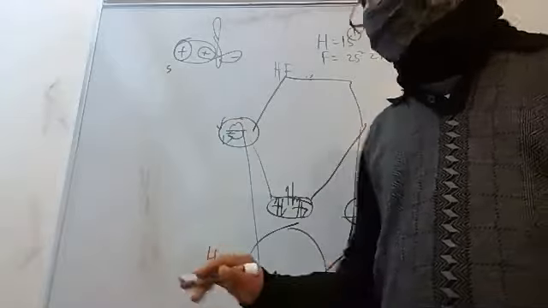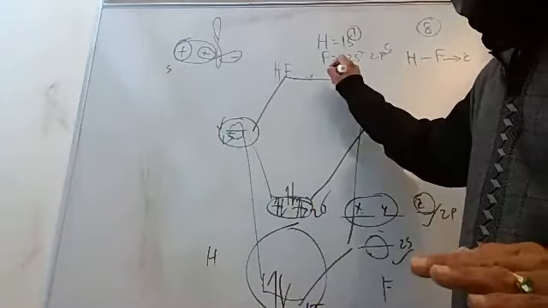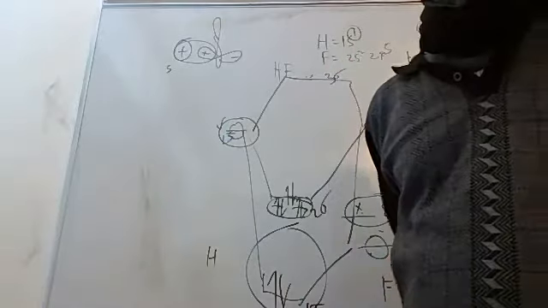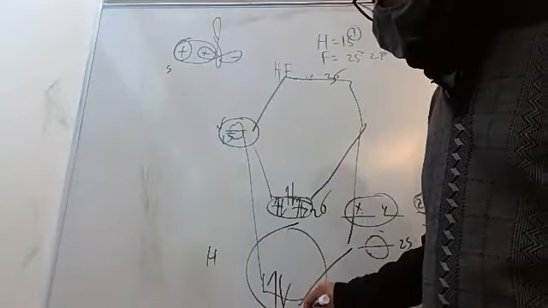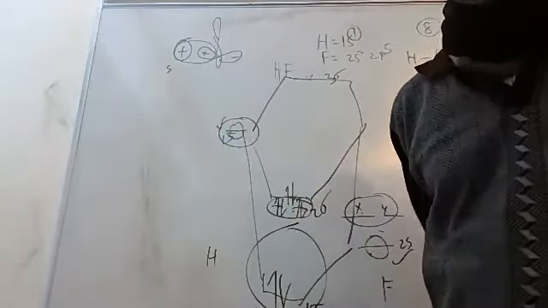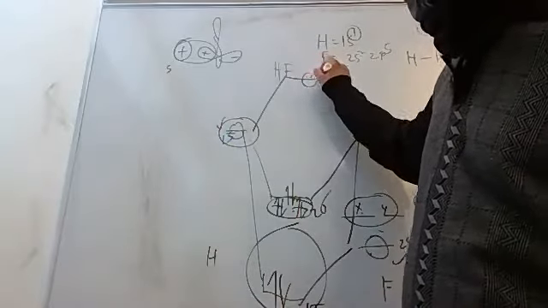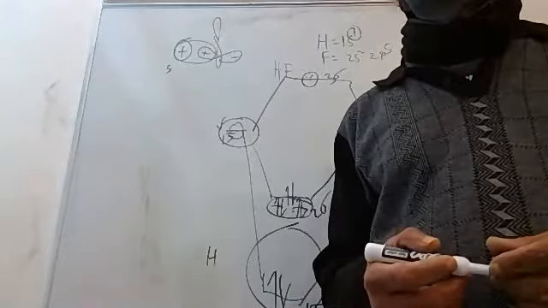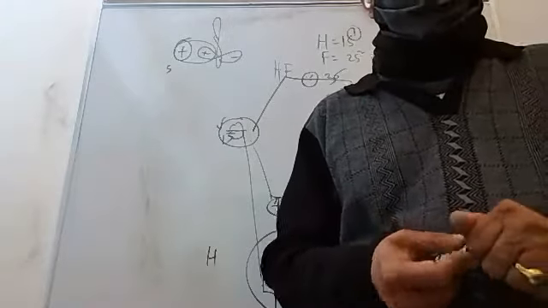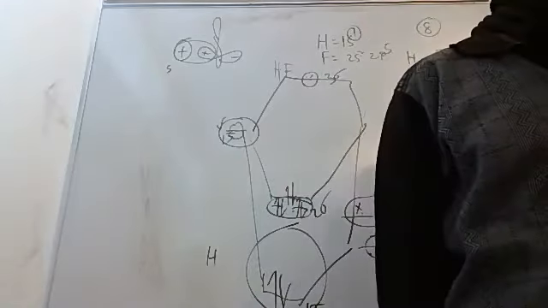But still, for the first approximation, people say it's 1 sigma, 2 sigma, 3 sigma. These are all sigma orbitals. And we have electrons in the 1 sigma and 2 sigma and the 2 pi x, 2 pi y. And the antibonding orbital has no electrons. Am I making sense here? Are there any questions?